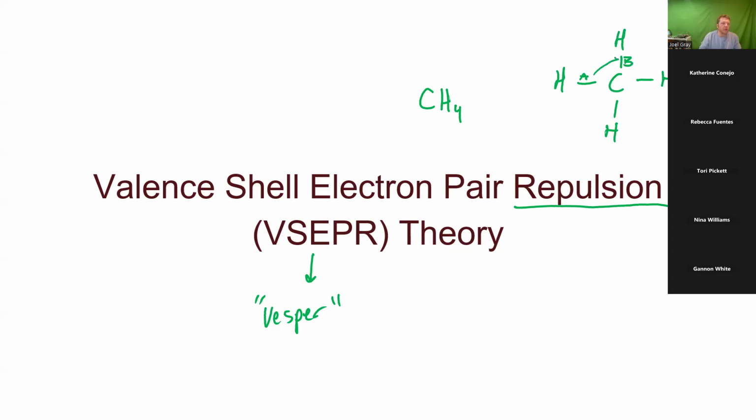Are these two in 2 dimensions? Could anyone give me an approximate degree measurement that they are from one another? Yeah, 90 degrees. And in 2 dimensions, these pairs of electrons are basically as far from one another as they can possibly be.